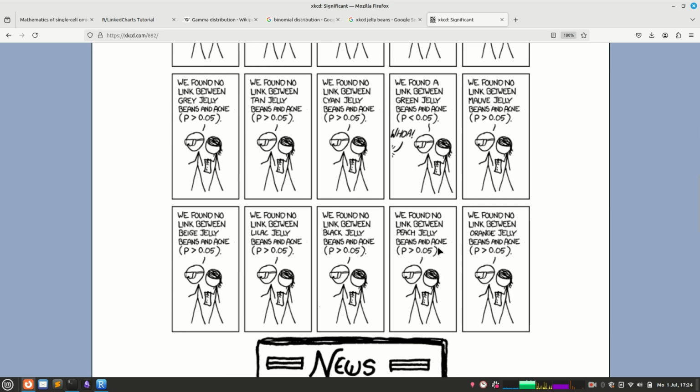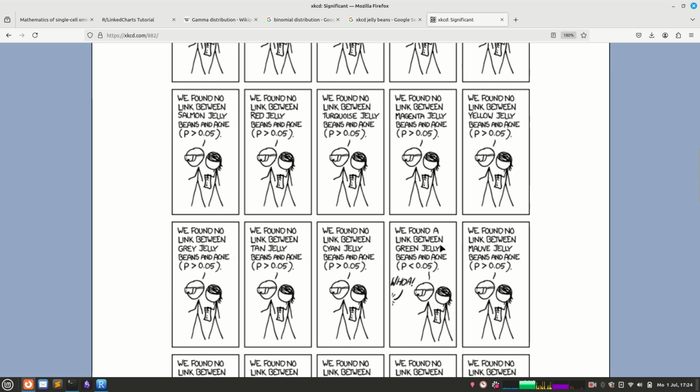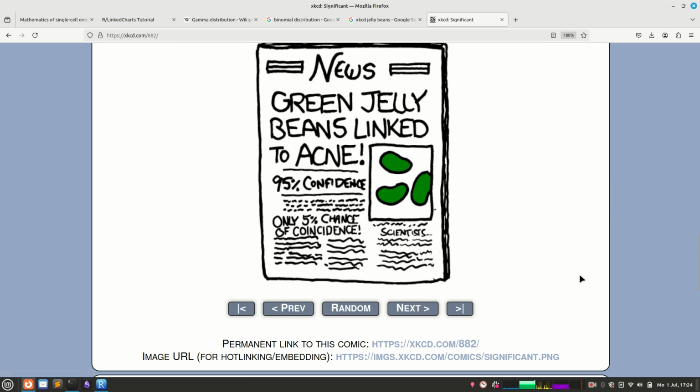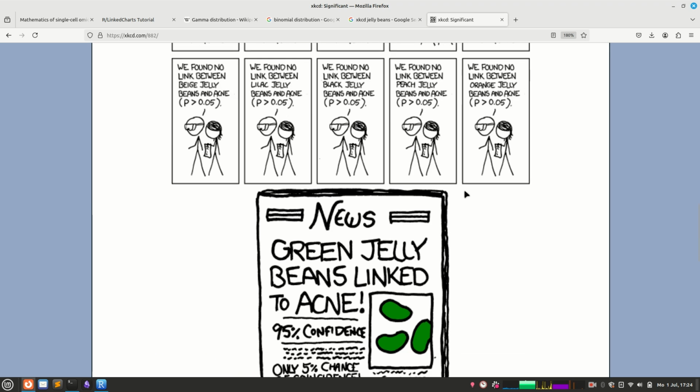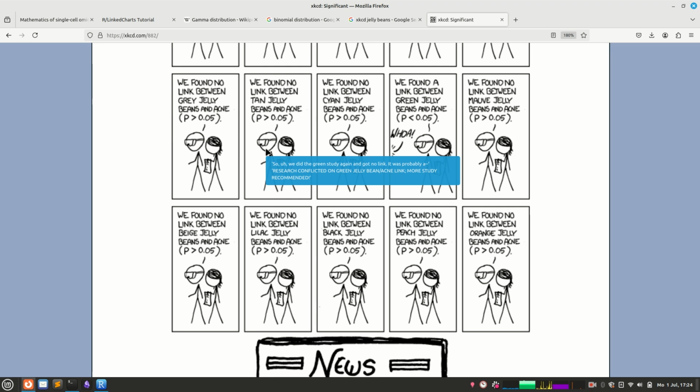Because obviously there's 20 different colors, so it's quite likely that one of them gets a p-value below 0.05, and then you get this, which is of course a thing which probably played out in actual science or in bad science reporting more than once. And Bonferroni says, well, of course, to get 95% confidence, they should have compared not with 0.05, but with 0.05 divided by 20.